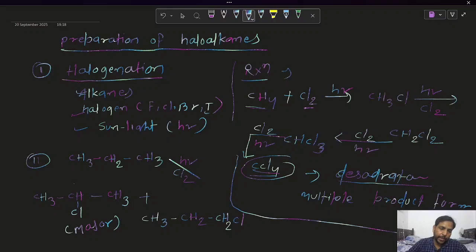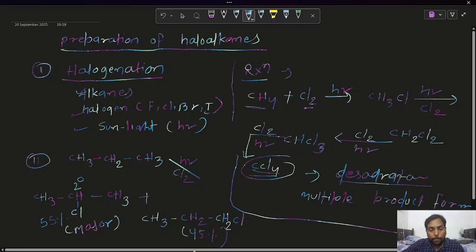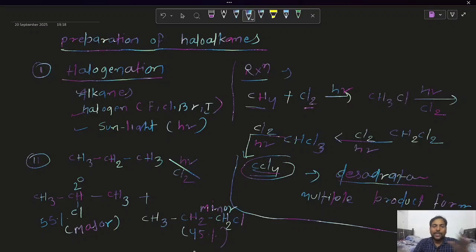Why major? Because it is a 2-degree carbon, and a 2-degree carbon is more stable, so that's why it is major. If we consider it is prepared at 55%, then this one is obtained at 45%, right? Now this is minor. So that's the method by which we can prepare haloalkanes.